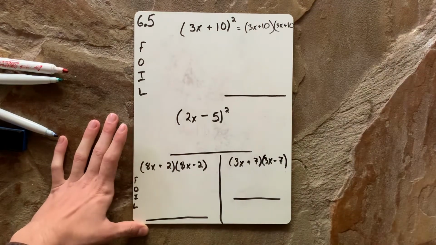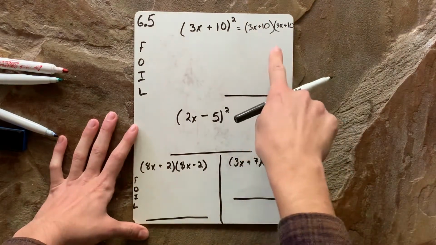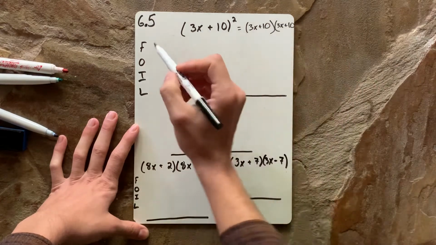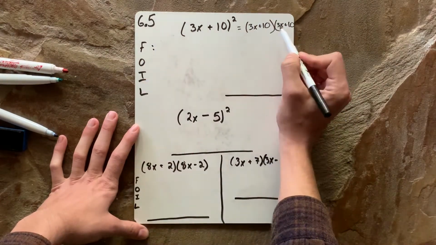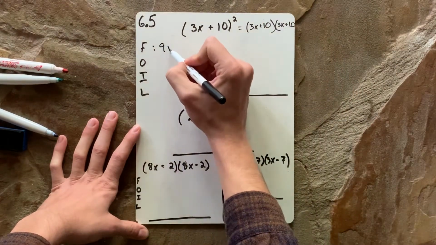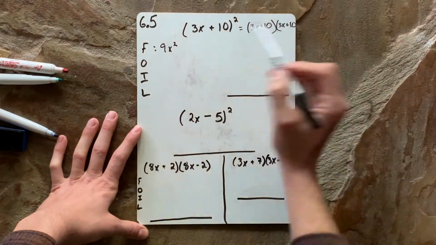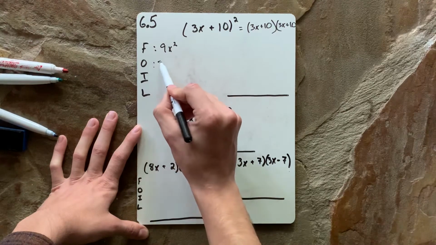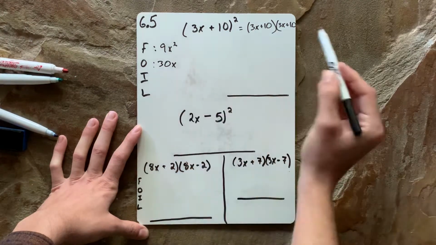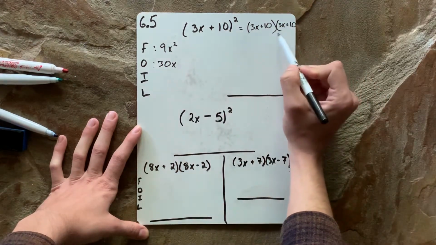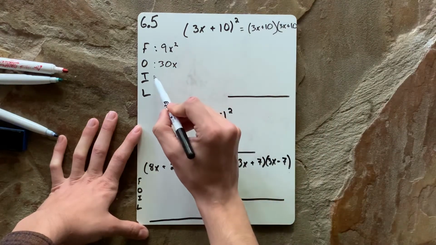All right, so we're going to do FOIL with this. First would be 3x times 3x, which gives me 9x squared. Outer would be 3x times 10, so that would be 30x. Inner would be 10 times 3x, which is also 30x.